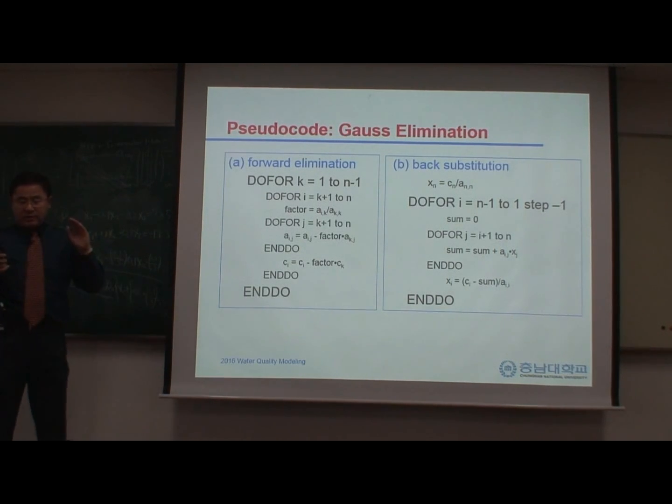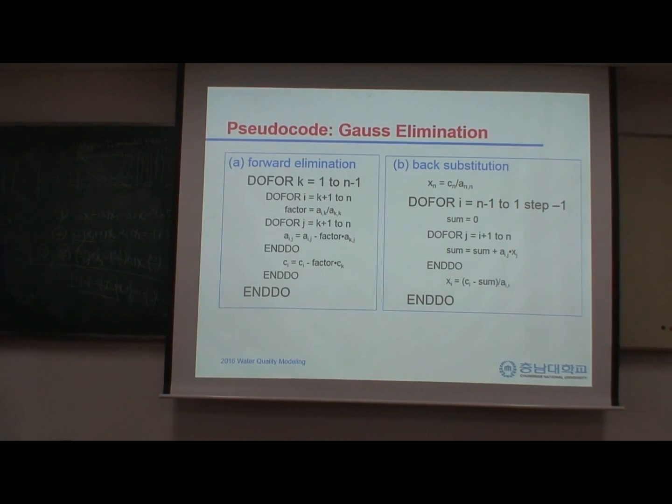And if you remember, we had to repeat so many different processes here. If you have n equations, you have to eliminate the first term by calculating this n minus 1 times, right?